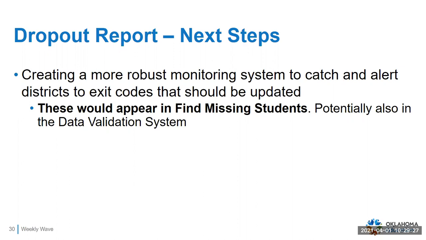And we'll let you know of those things so you're not having to play guesswork and find a needle in a haystack for some students. The idea right now is for these students to appear, or at least appear in maybe a separate window, so you have an idea of students that you may need to review. They could potentially become dropouts if we don't get any additional information.